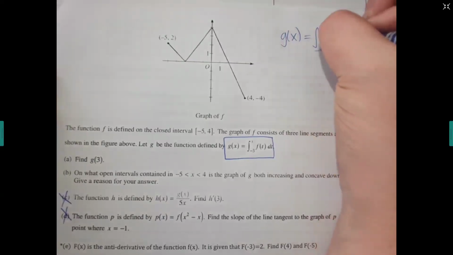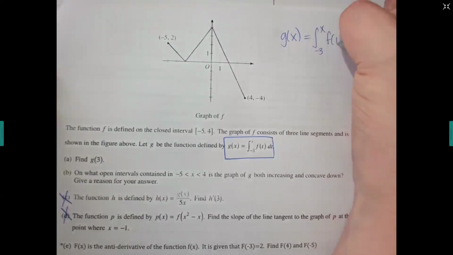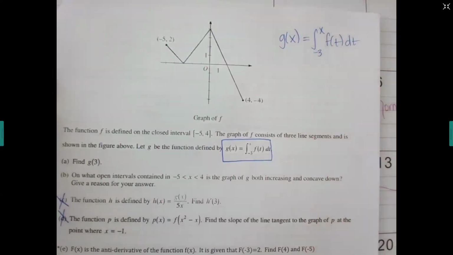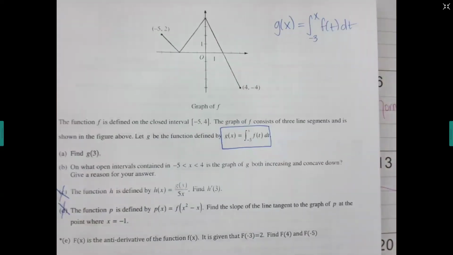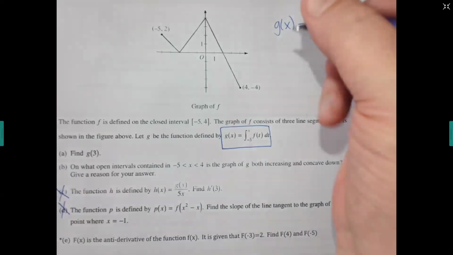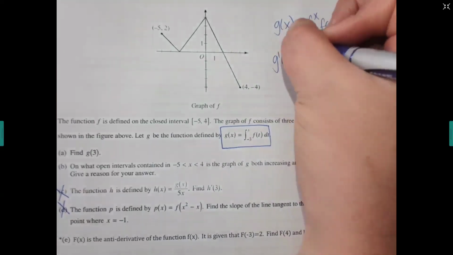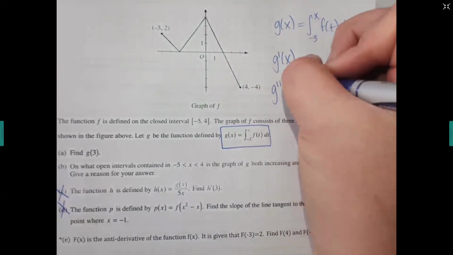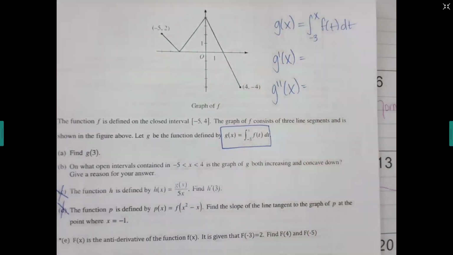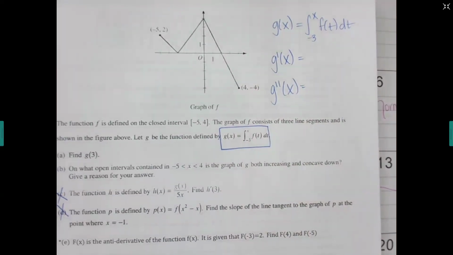So G of X is the integral from -3 to X of F of T. Then write what G prime would be and what G double prime would be. So what would G prime be and what would G double prime be? Okay, that should pretty much be your first step, is start with the integral they gave you and then find the derivative and the second derivative. What will G prime equal if G has an integral in it?